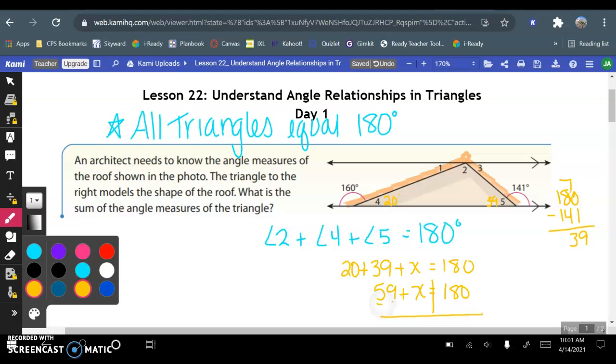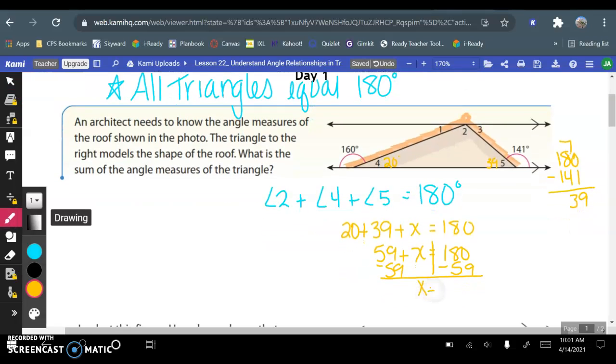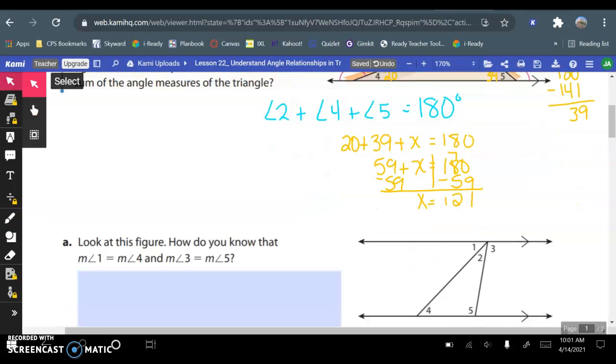And then I would have to subtract 59 from 180, and I would get 121. So knowing that the three angles of a triangle equal 180, we were able to figure out those three angles.